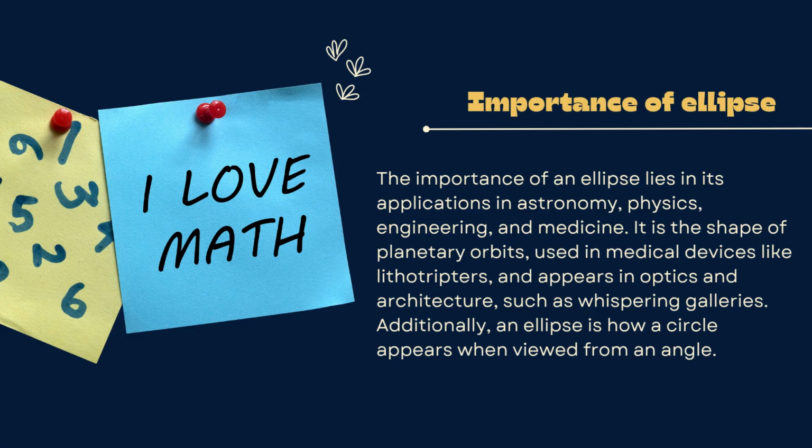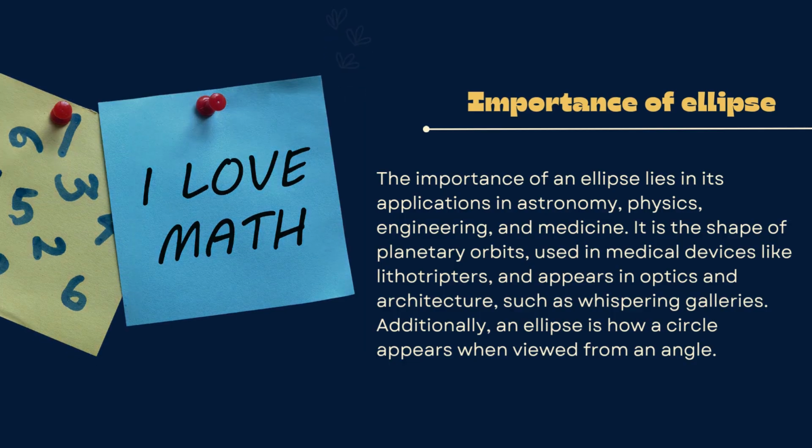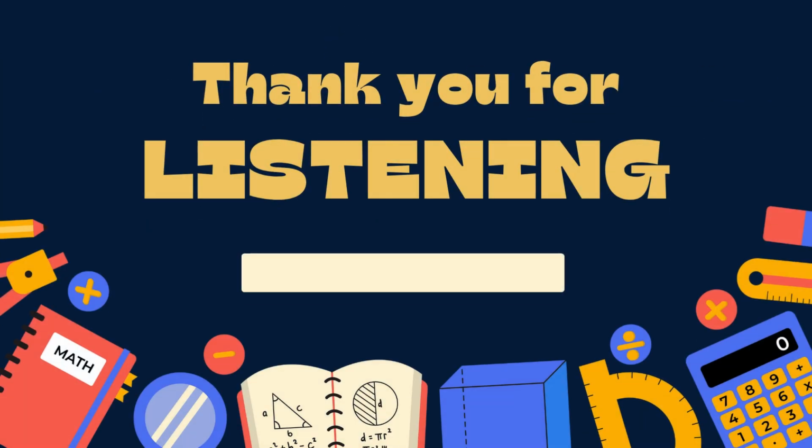Additionally, an ellipse is how a circle appears when viewed from an angle. My teacher also said that everything we study in pre-calculus may not help us occasionally in the future, but it may help us in ways that we'd never imagine. So that's all. Thank you for listening.